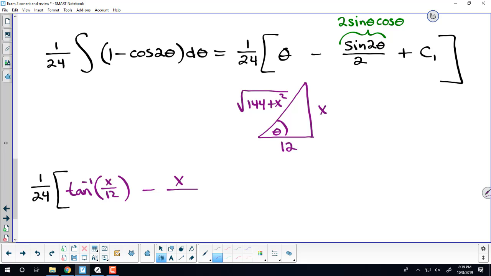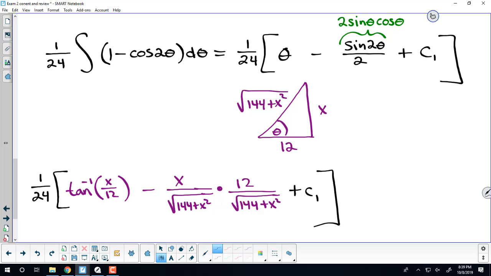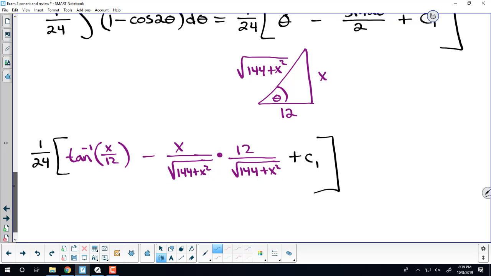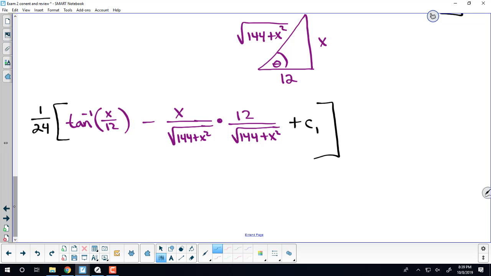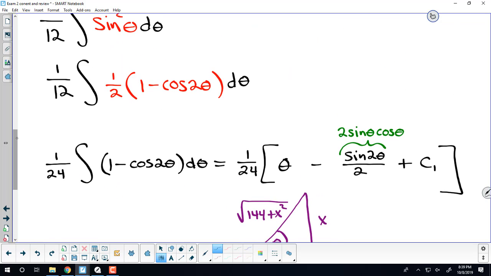So here's sine of theta, times cosine of theta, plus C1 still. Can't really do anything with that until we multiply by the 1 over 24. The 2 from the 2 sine cosine cancels with the 2, right? Oh, there, okay.